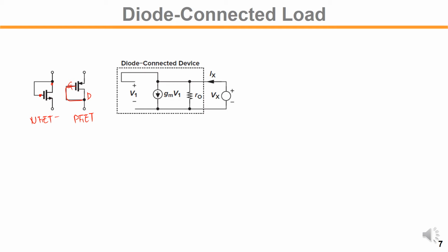In this case, we can find the equivalent small signal resistance. In this analysis, we will assume that the device is in saturation, so assuming it is properly biased.